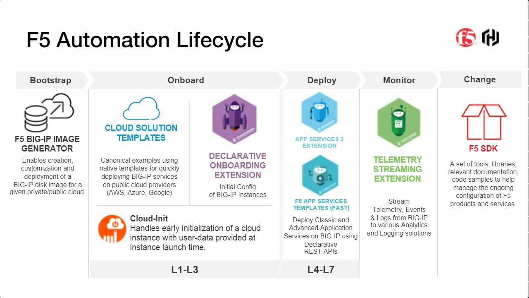And then for onboarding, you can use the declarative onboarding extension, which is like, let's say if you are onboarding a BIG-IP, you need things like VLAN, self-IP, NTP, DNS, those kinds of features we need to enable. So you can use this declarative onboarding extension tool. You can also customize the configuration using Cloud-Init, right? Using user data at launch time.